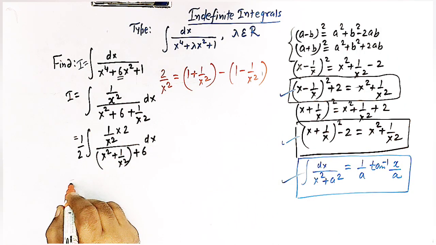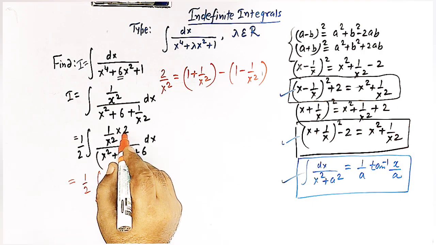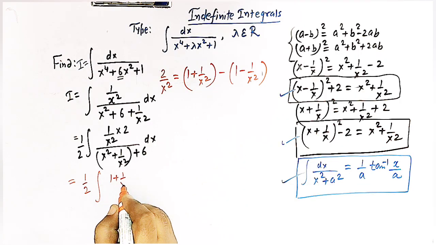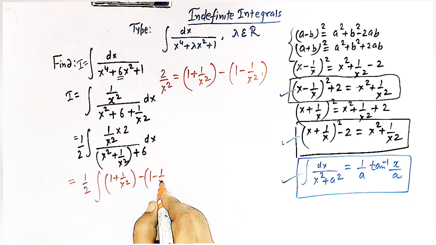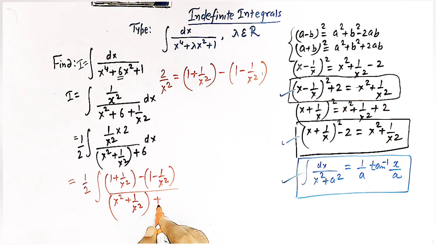So now we can write this integral as half, and then 2 over x square can be written as 1 plus 1 over x square minus 1 minus 1 over x square, divided by the denominator, that is x square plus 1 over x square plus 6, dx, right?